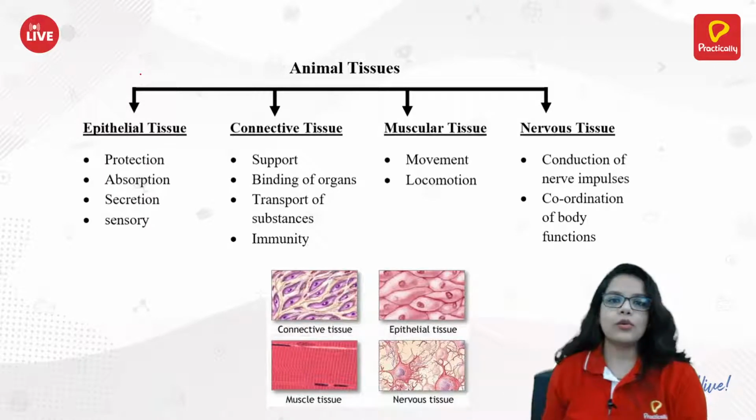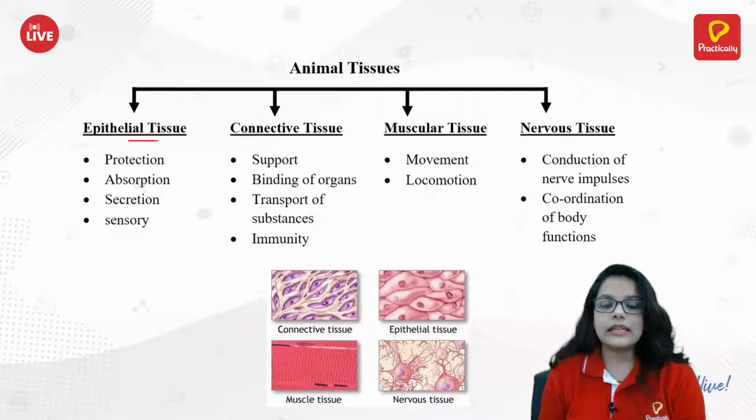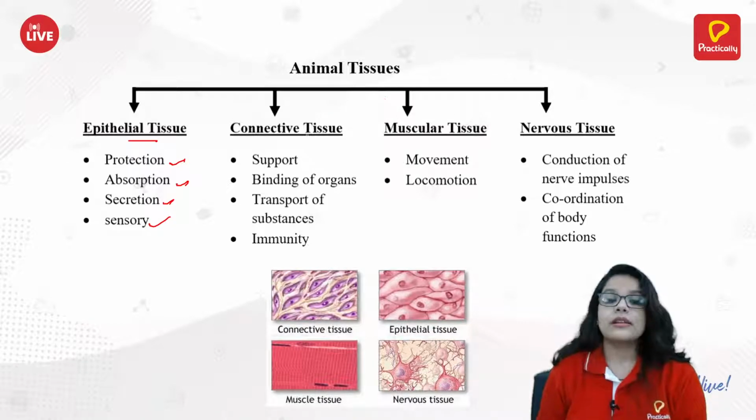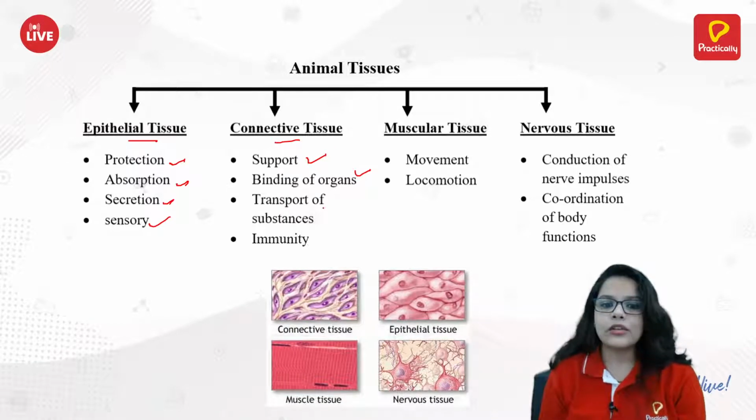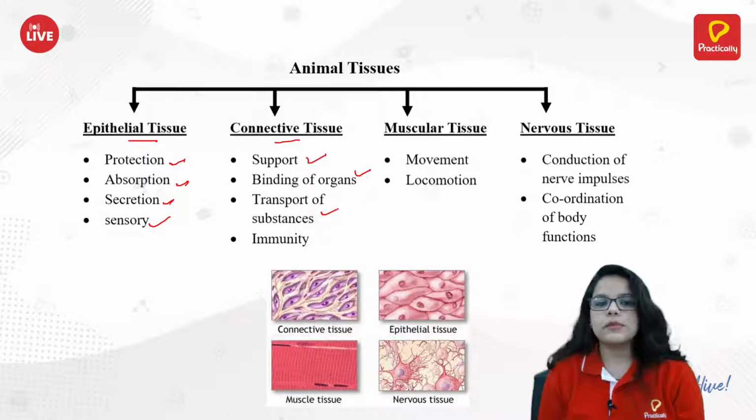Now animals basically have 4 kinds of tissues. They have their own subsections, but the 4 main sections are epithelial tissue, which works for protection, absorption, secretion, sensory, etc. There is connective tissue. It is for support, for binding of organs, transport of substances, and immunity.